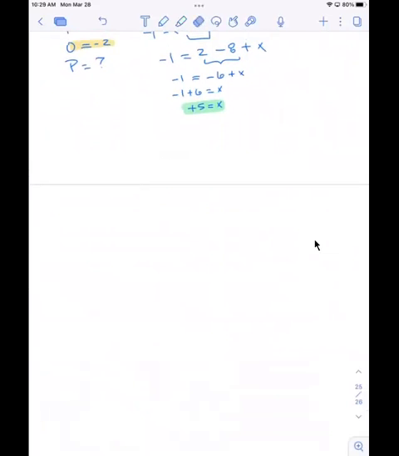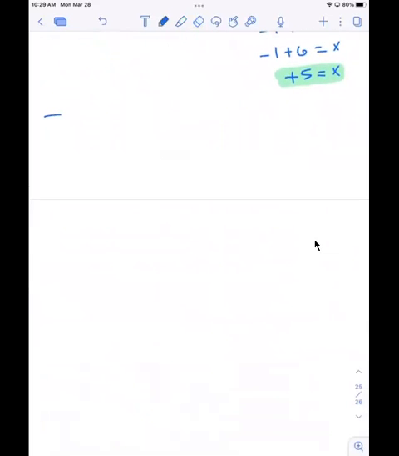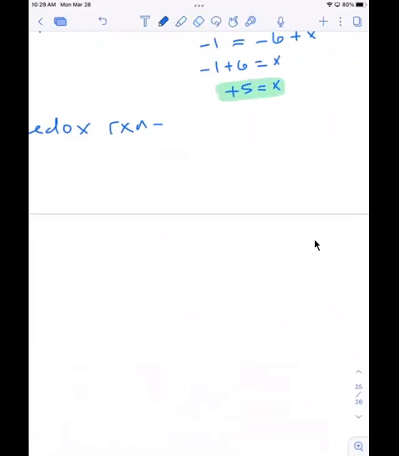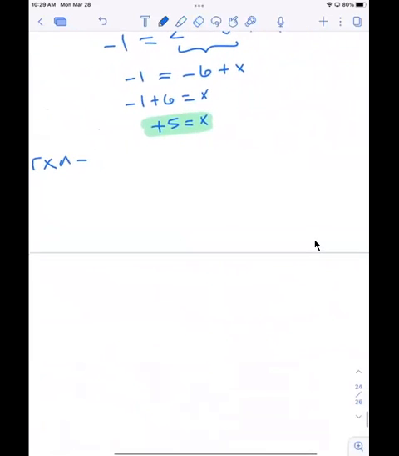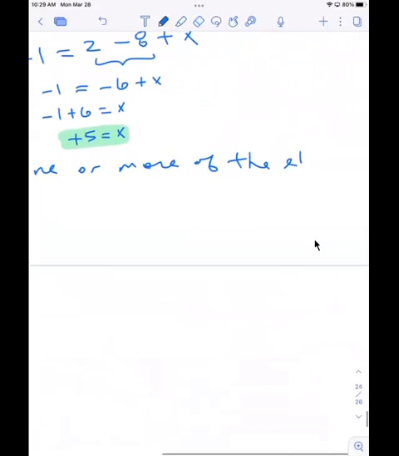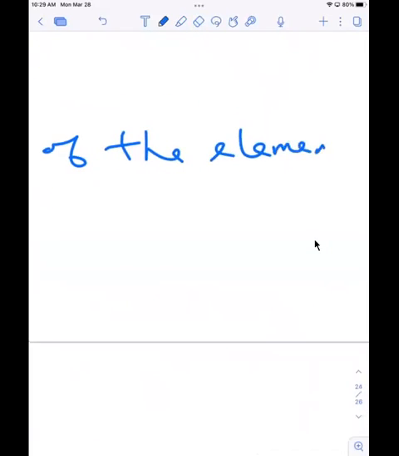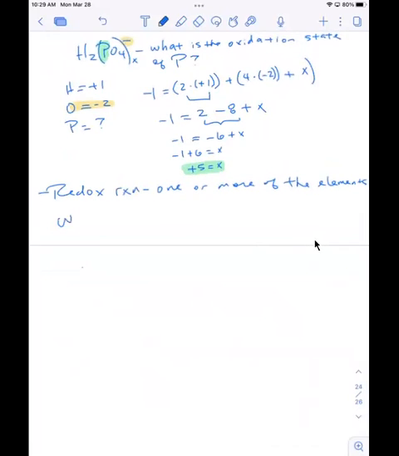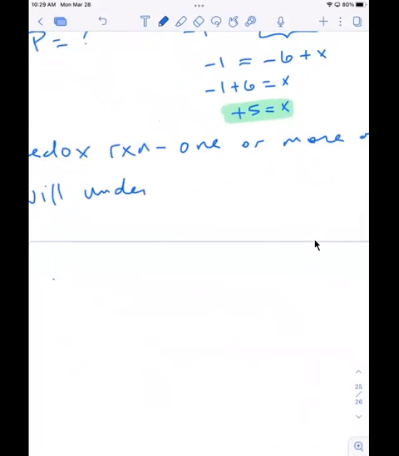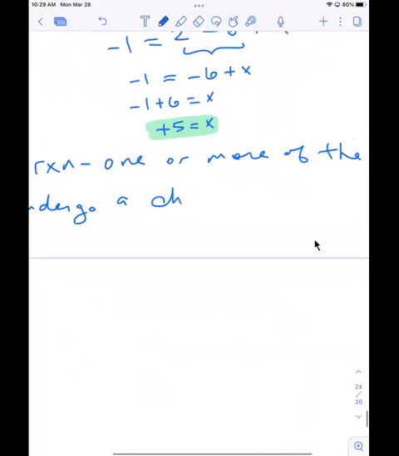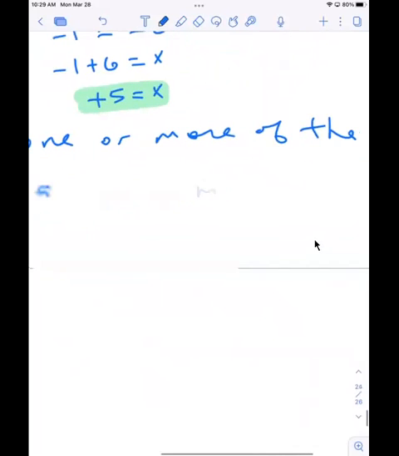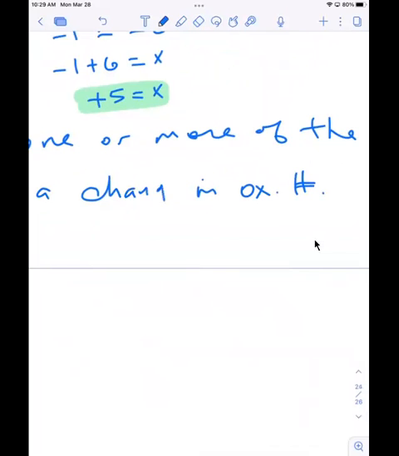We talked about reduction and oxidation meaning the loss or gain of electrons, but now we can say that in a redox reaction one or more of the elements involved is going to undergo a change in oxidation number.